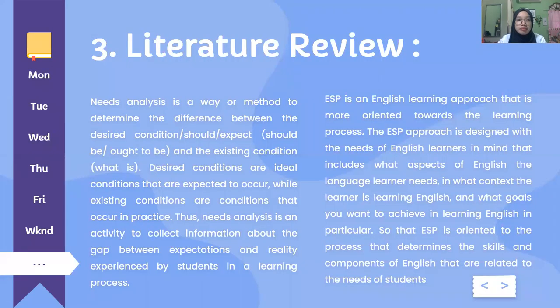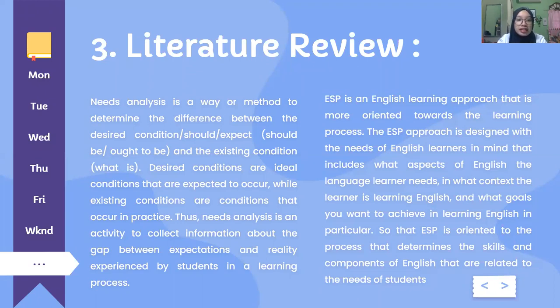Next, the literature review. In this journal, the literature review states that need analysis is a method to determine the difference between the desired condition, or what should be, and the existing condition.